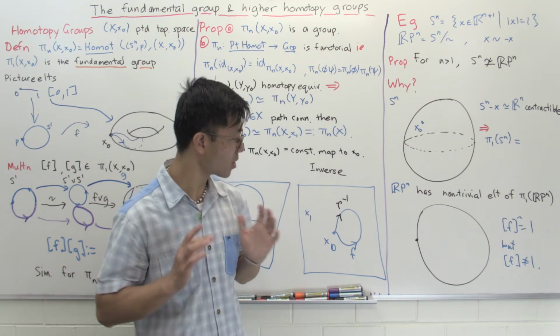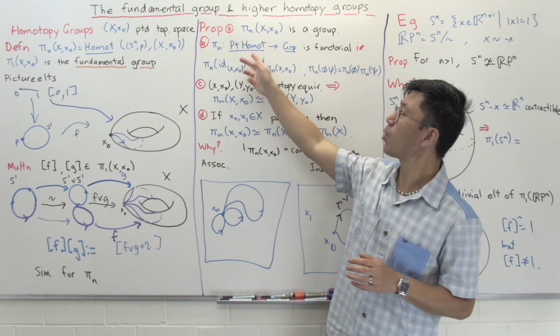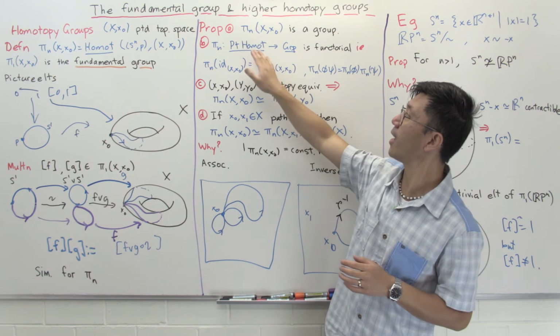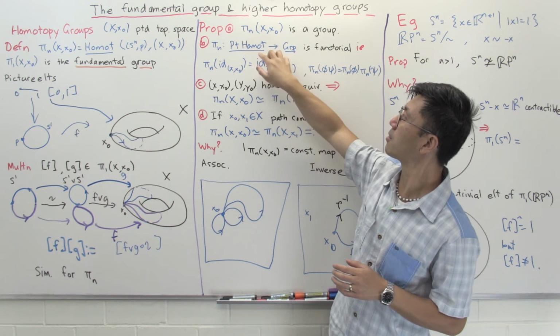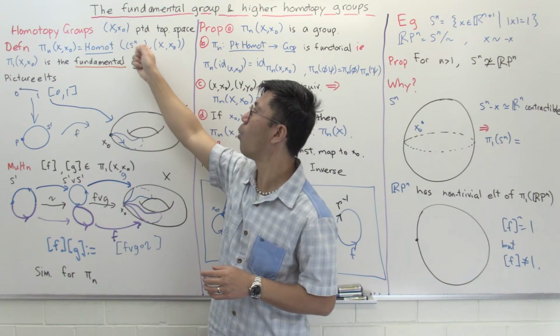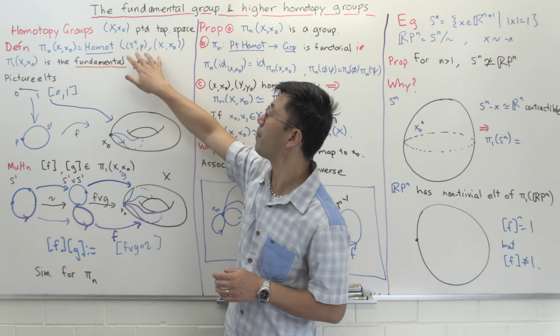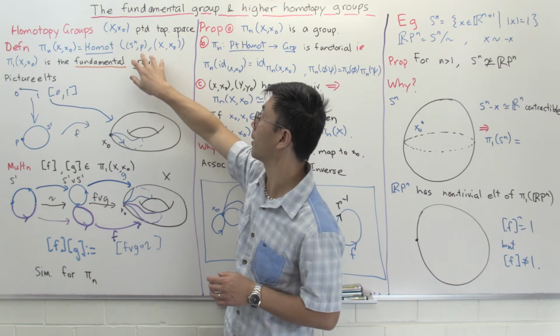So that's wonderful, we now have a group. It's quite easy to show that this is functorial, because you're looking at just homomorphisms in this category from here to here. I won't go through that, but that's standard categorical stuff.